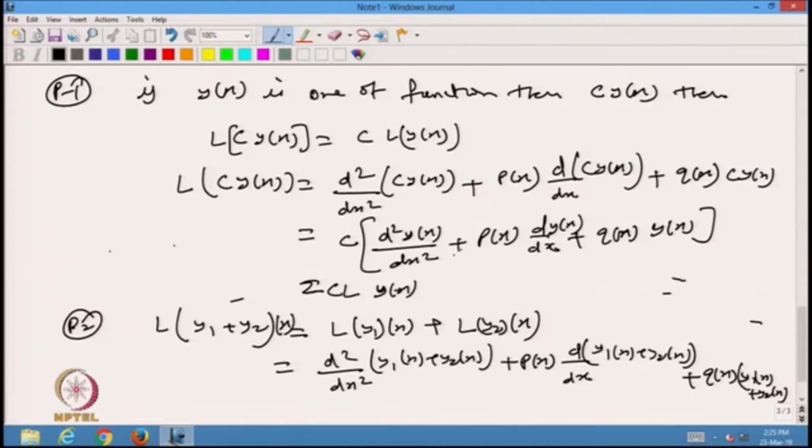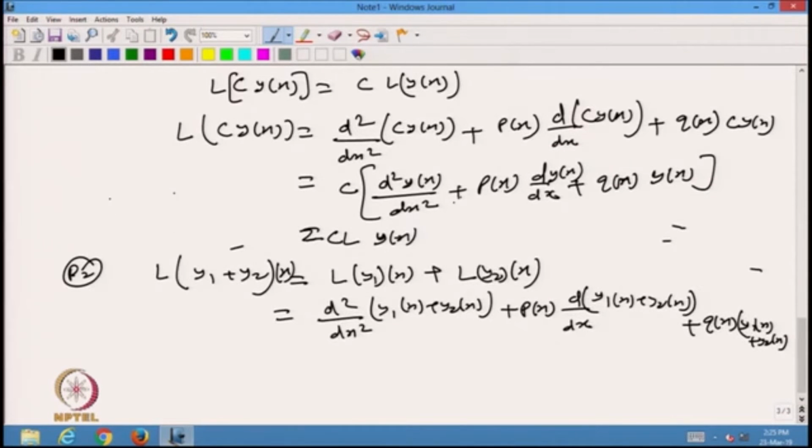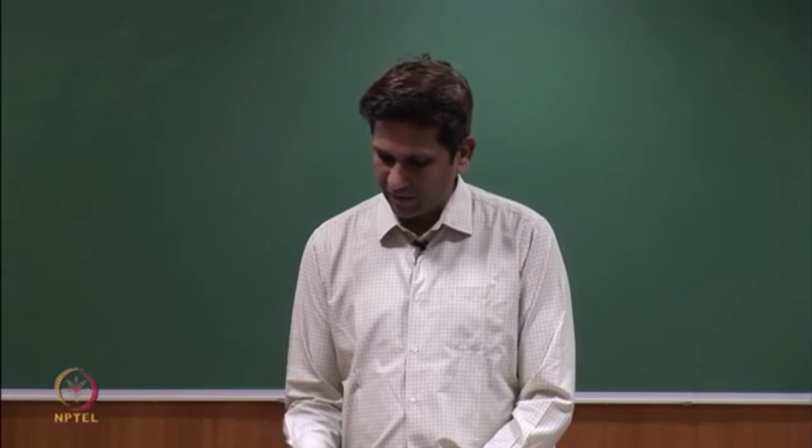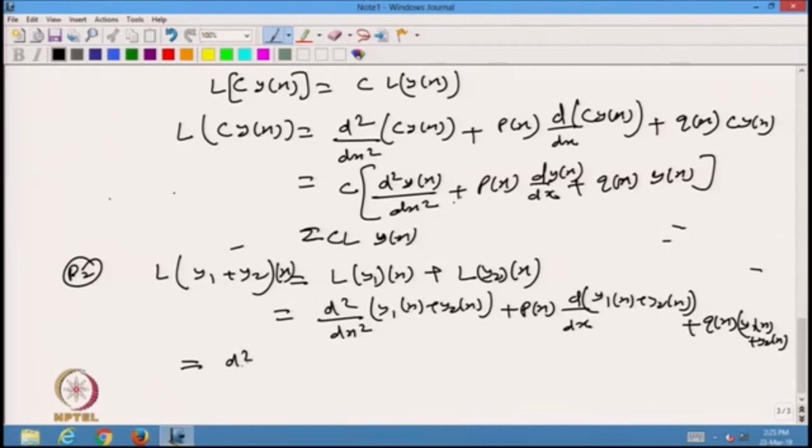So, this one we are writing. Now, this is the summation of the functions. From here I know that the derivative is a linear operator, so it can be taken separately. It can be written as d square over dx square y1(x) plus p(x) d by dx y1(x) plus q(x) y1(x).